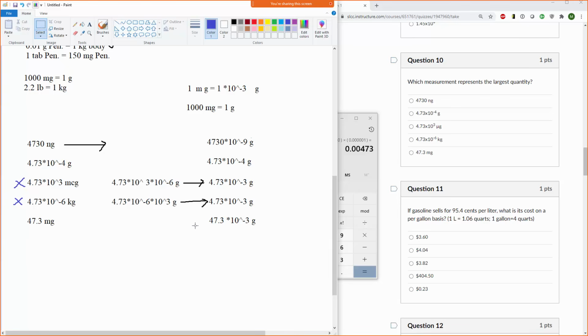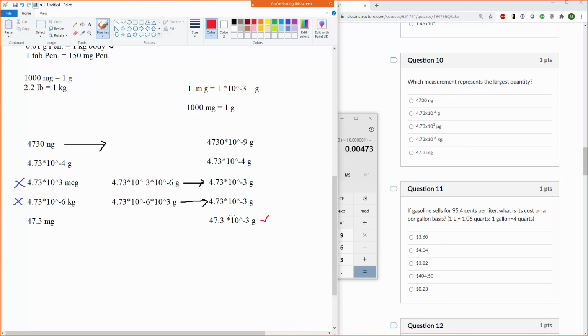Which one of these is larger, this 47.3 milligrams or these two that were the same? The 47.3 milligrams, because when we convert it to negative 3, we're comparing 4.73 times 10 to the negative third versus 47.3 times 10 to the negative third. Since the times 10 to the value is the same, but the 47 value is larger, then this one is bigger. So currently, when we compare all three of these, this one is the biggest.